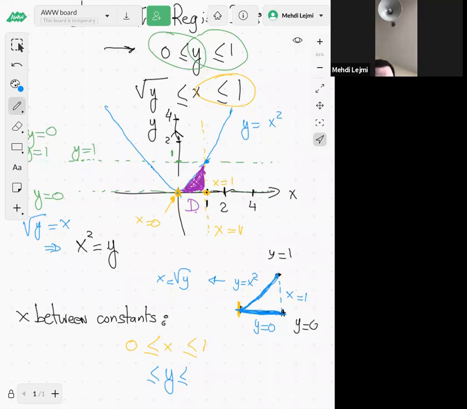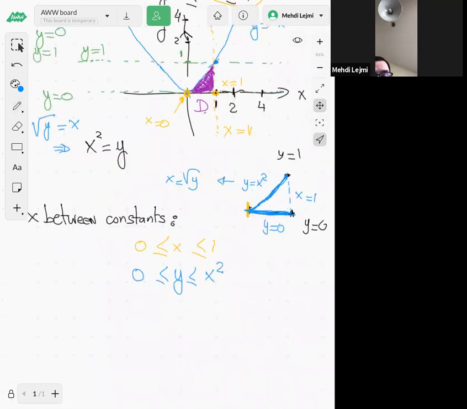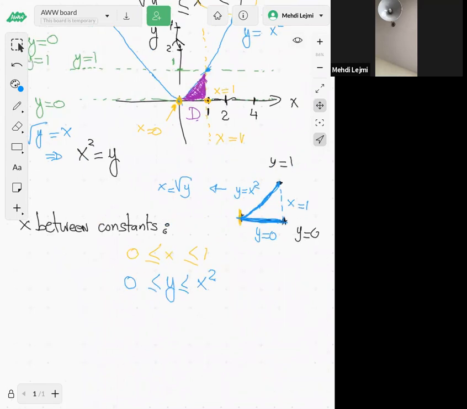So y between 0 and x squared. Okay, so that's the new bounds with respect to dy dx.